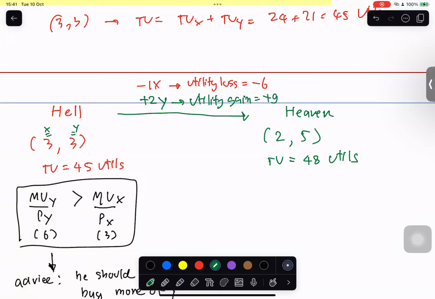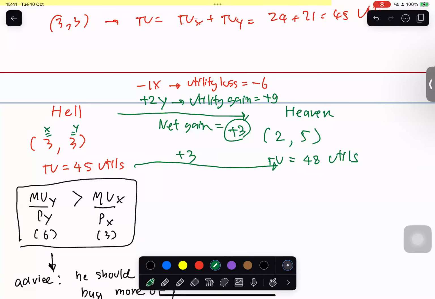Wow, it's worth doing this move. Net gain will become plus 3. Which is exactly, once he followed this move, we improved his utility from this hell basket to heaven basket. Utility increased by 3 units.